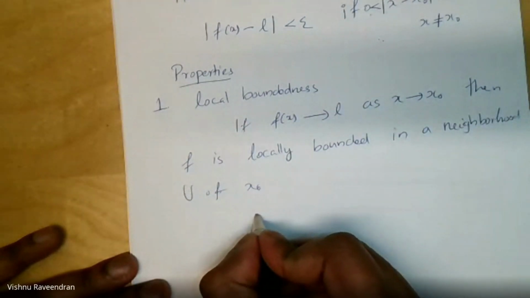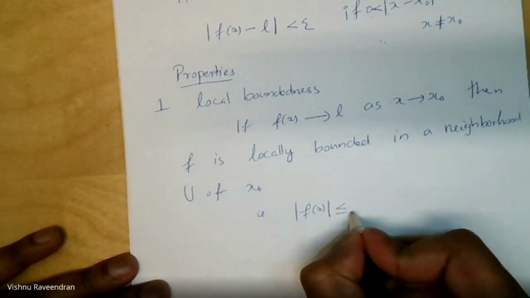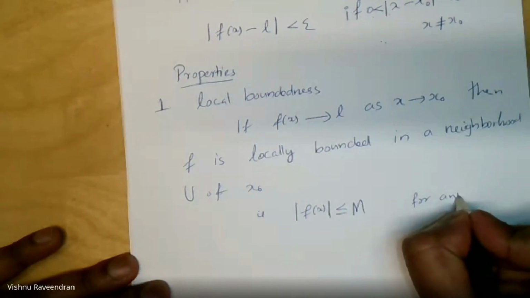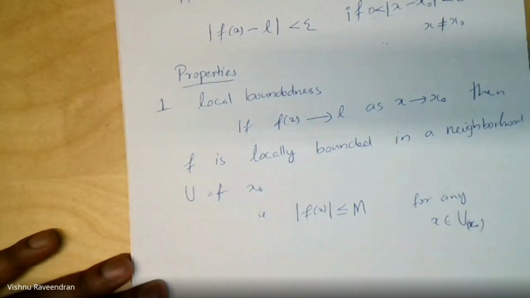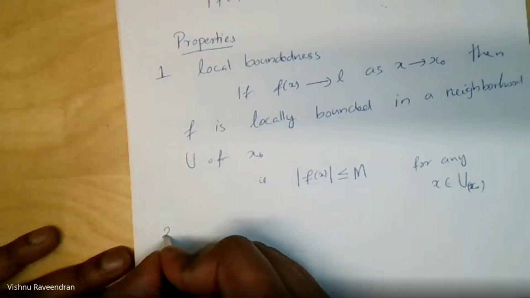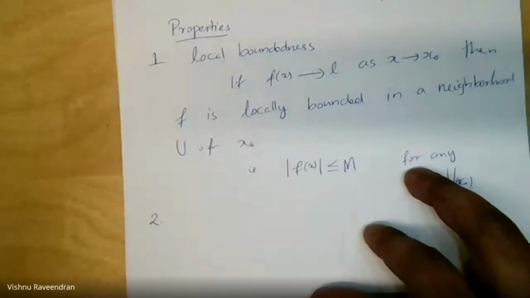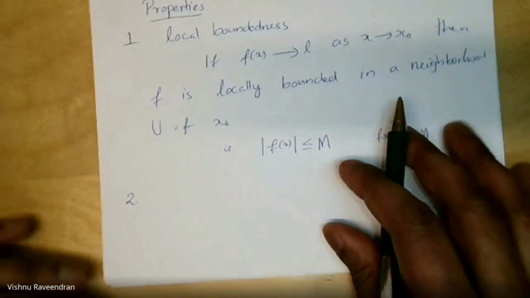That means for f of x you can find a bound for any x in an open set, a neighborhood of x naught. I'm sure you guys saw this thing, so I'm not giving the proof and everything. So we'll just recall this thing and we'll move to the problems.